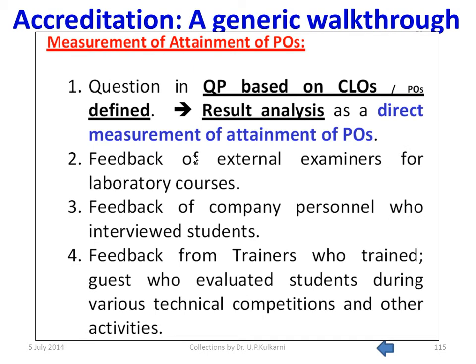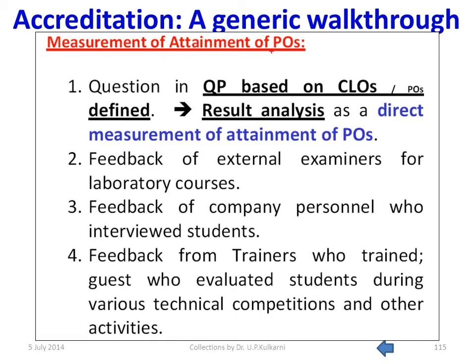The measurement of attainment of POs is done through the examination process: the questions that we set in the question paper, the level at which these questions are set, and their attainment.